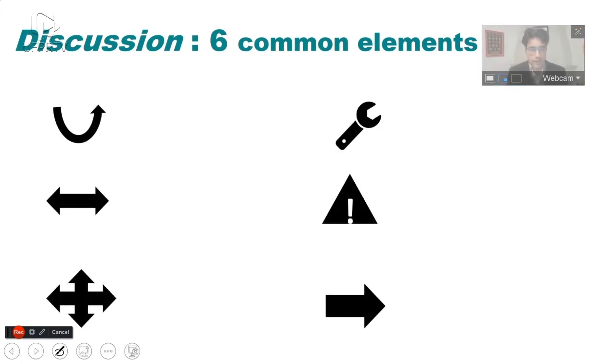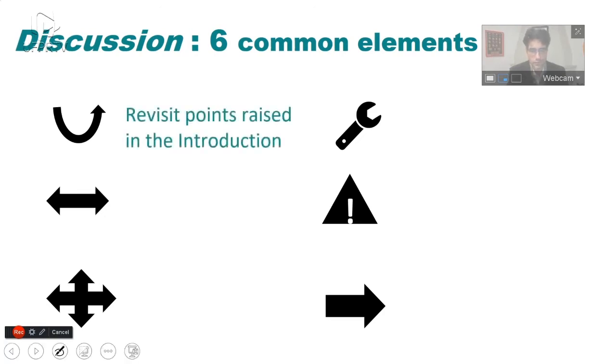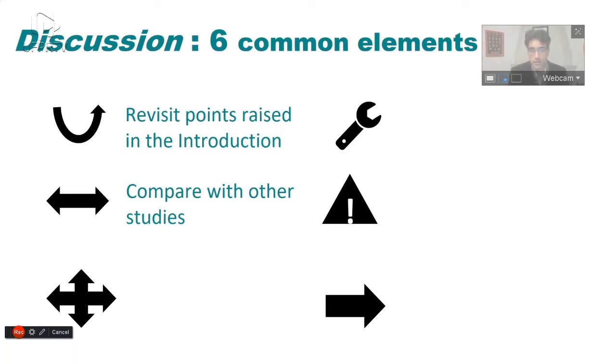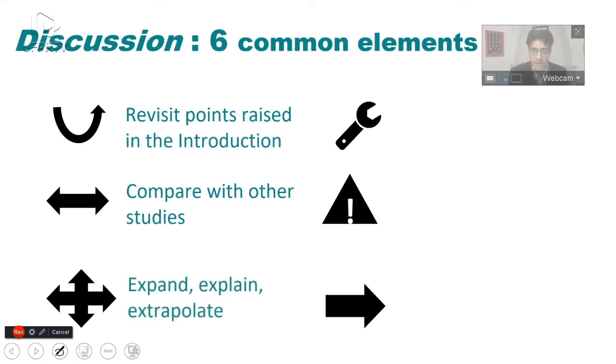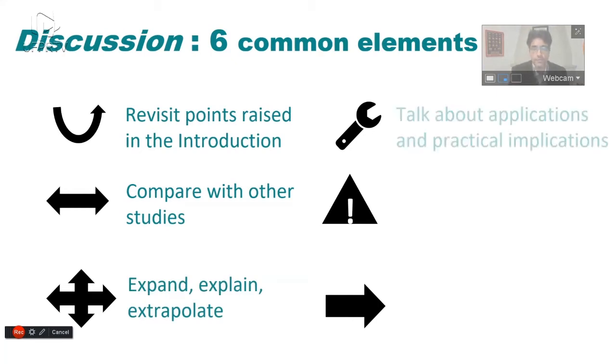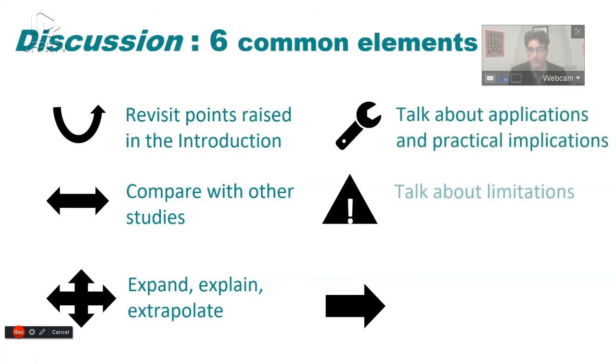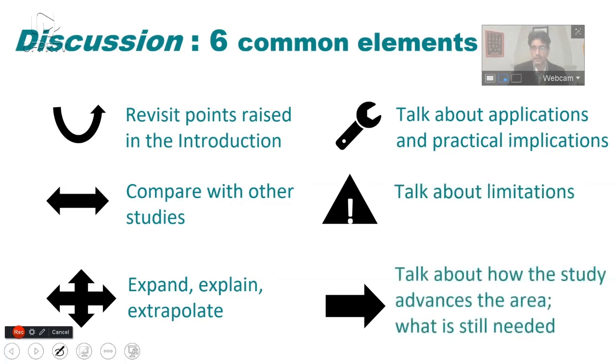If you can recall, the first one was revisiting points raised in the discussion, comparing your results and how those results converse with other studies and their results, expanding or explaining or extrapolating on what the results mean, talking about the applications and the implications, talking about limitations, we'll be talking about that today, why that's important, and then how the study advances the area.